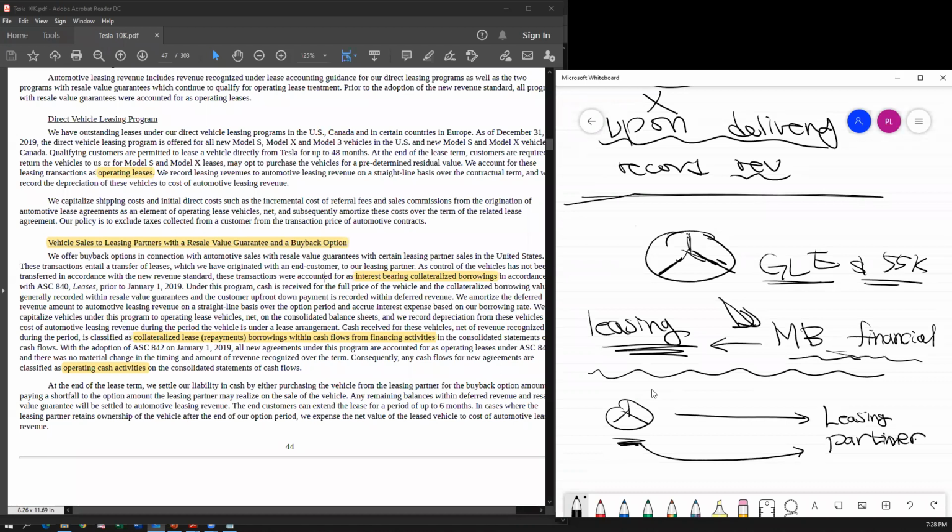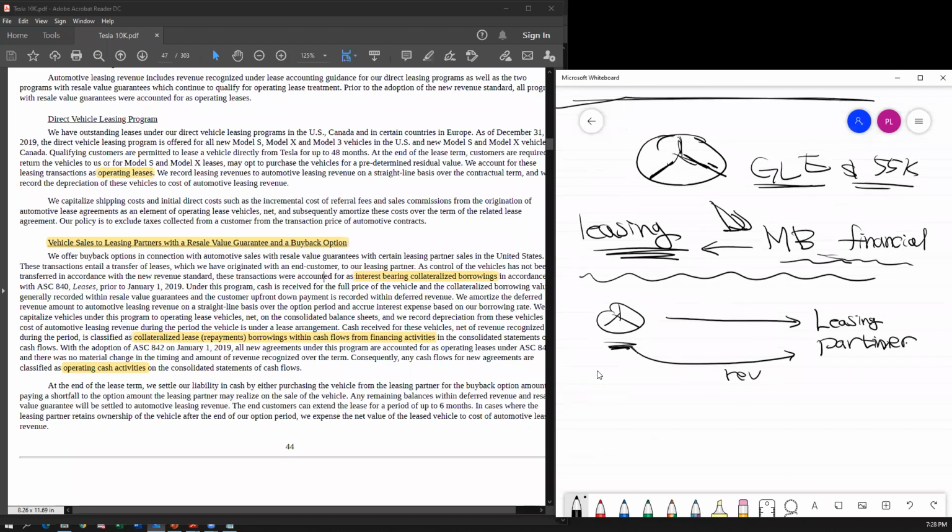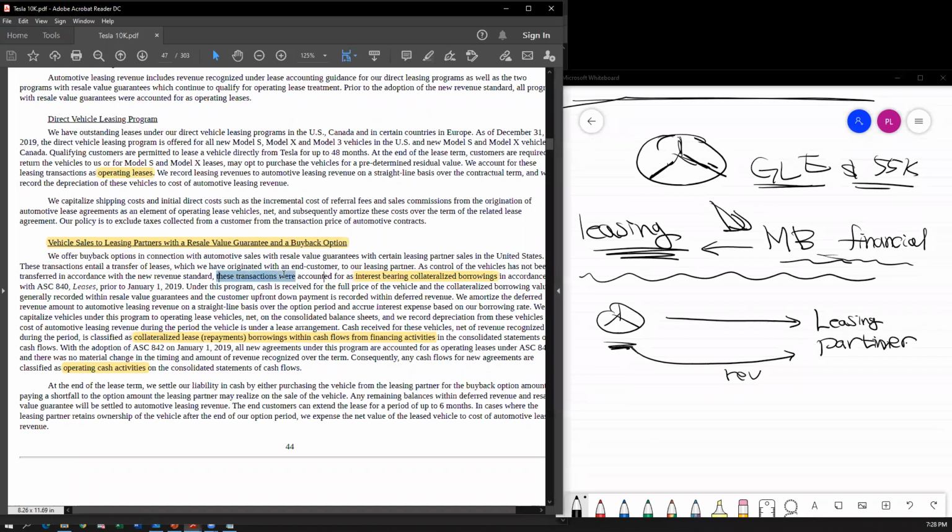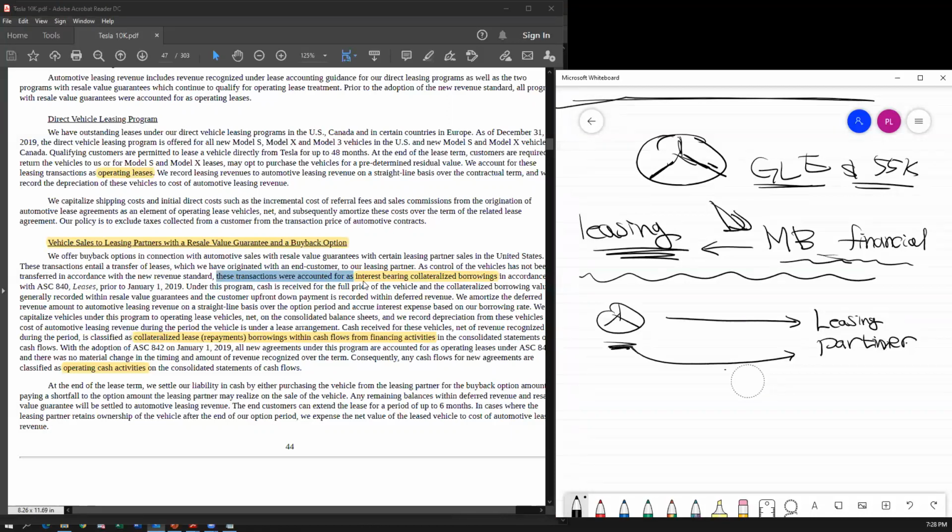If you sell something, it looks like, at face value, you are making a revenue from selling a vehicle to a leasing partner. But what actually happened prior to January 1st, 2019, the transaction was regarded as an interest-bearing collateralized borrowing. What that means is that instead of reporting revenues, basically the company is borrowing money, cash, from the leasing partner, okay?